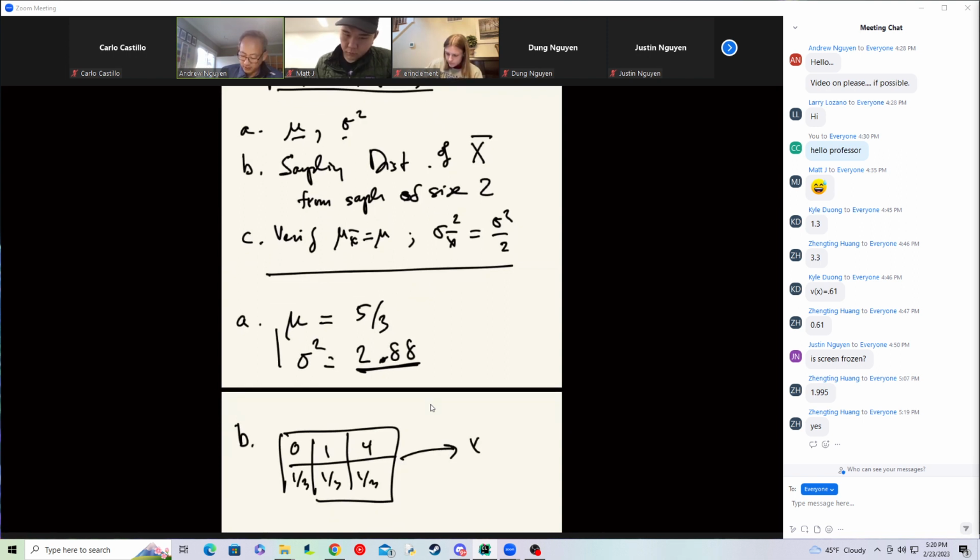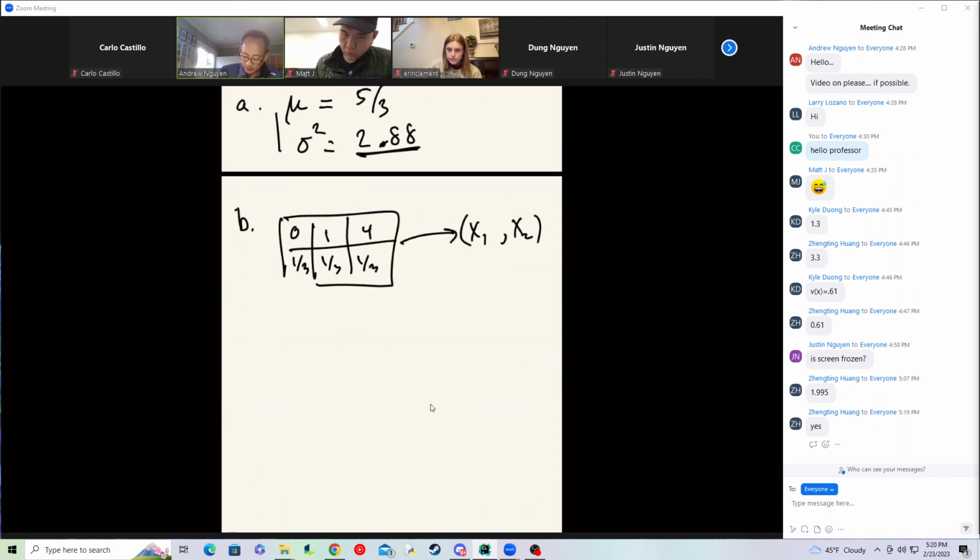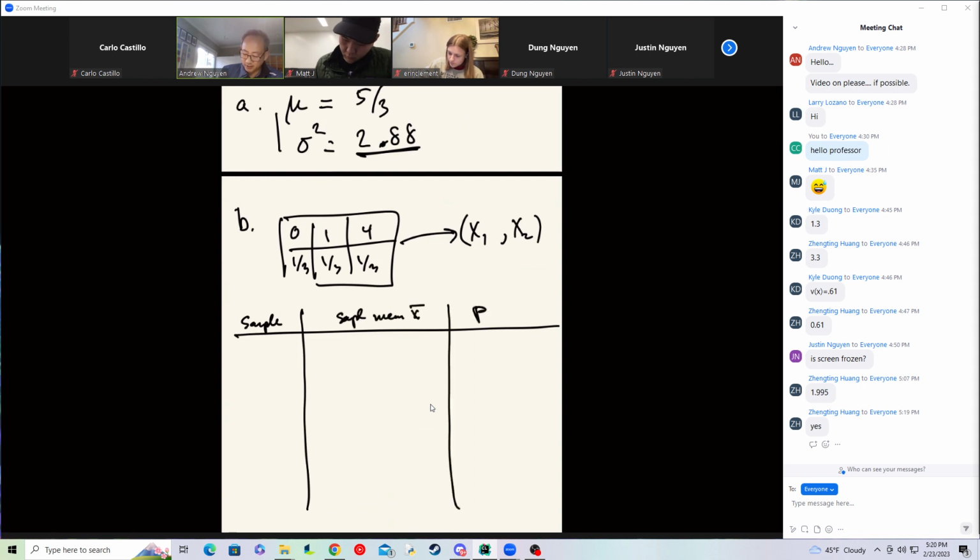From here, I'm going to draw two observations, the first one and the second one. So I'm doing that table again and listing all the possible samples. I calculate the sample mean, X bar, and I calculate the probability for each sample.